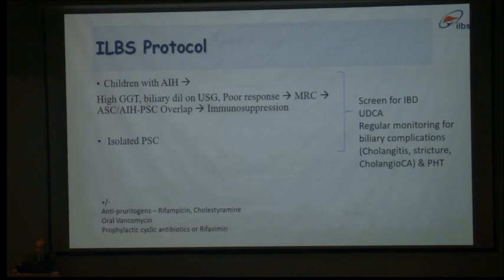In both cohorts, we screen for IBD, give UDCA, and regularly monitor for biliary complications such as cholangitis, stricture or cholangiocarcinoma, and portal hypertension. Other therapies are optional, not for all patients, like rifampicin and cholestyramine. Oral vancomycin we have tried in 2 or 3 children, and prophylactic cyclic antibiotics or rifaximin we give only in the event of definite cholangitis.